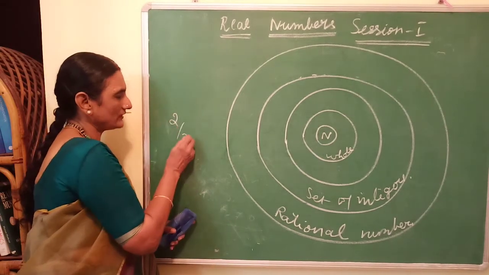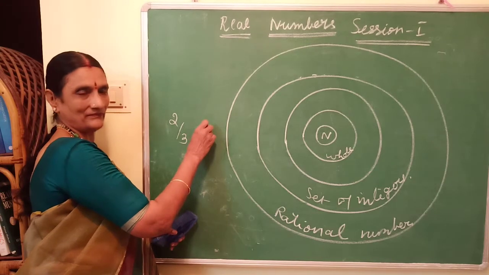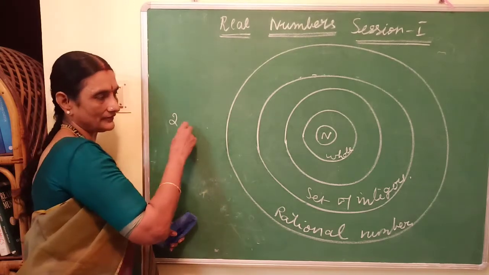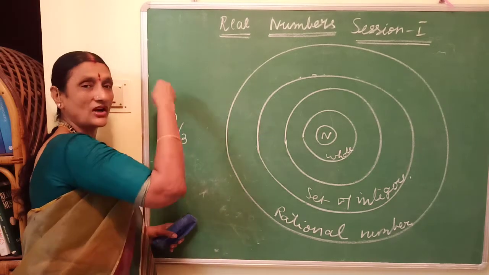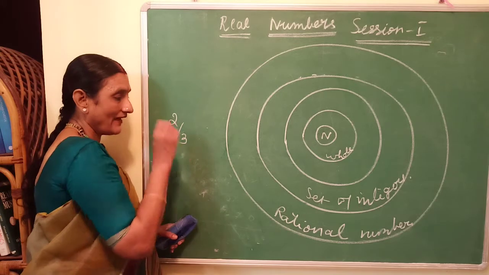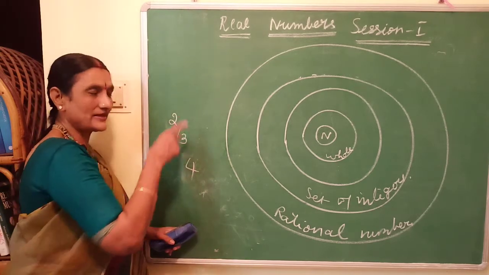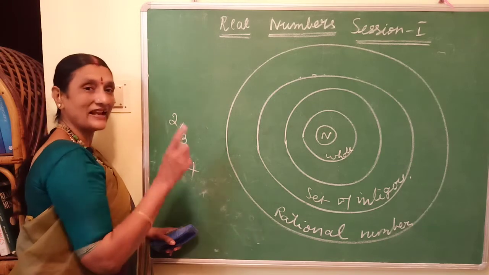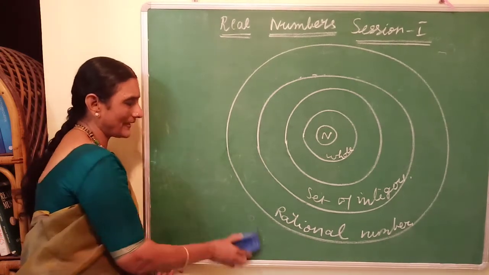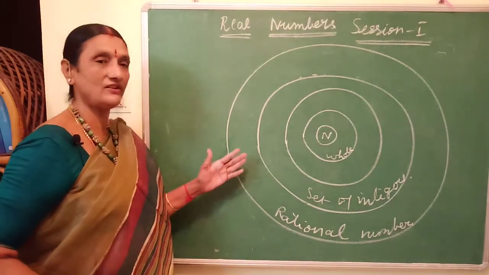Suppose I take 2 by 3. 2 by 3 is not an integer, it is not a whole number, it is not a natural number. But when you write 4, 4 is a rational number, 4 is a whole number, and 4 is a natural number. Like that, we are able to compare and contrast the different sets of numbers.